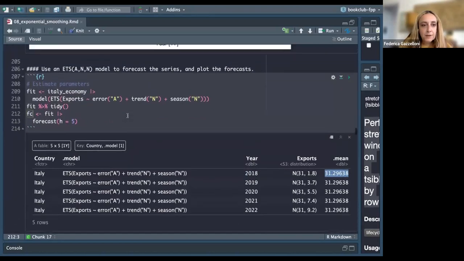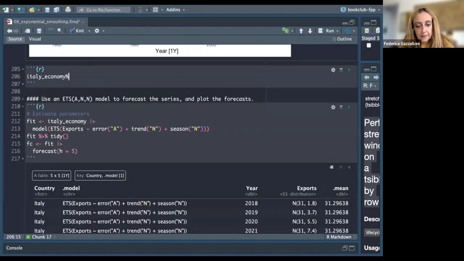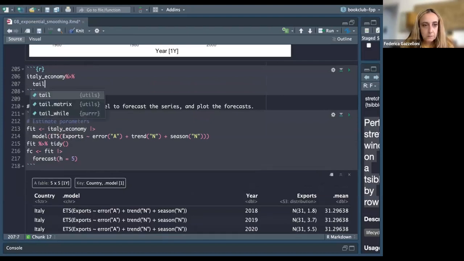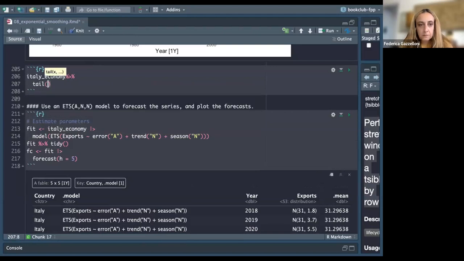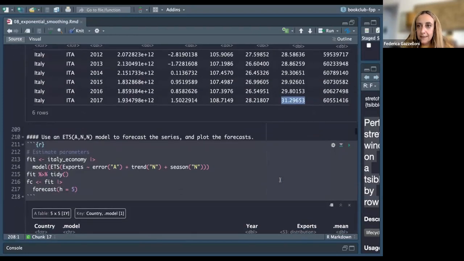Maybe we could have a quick look at what happened in Italy. In 2017, the value was 3129.